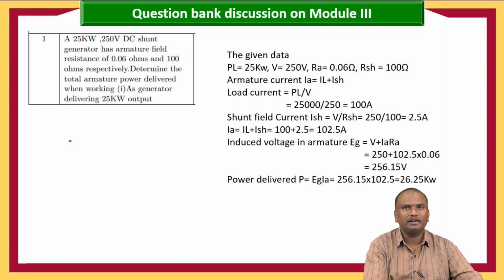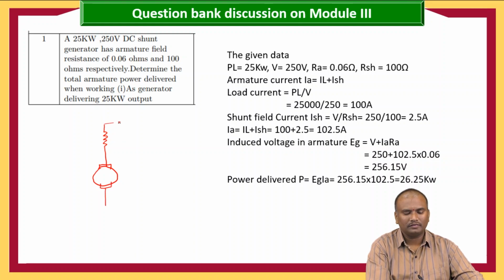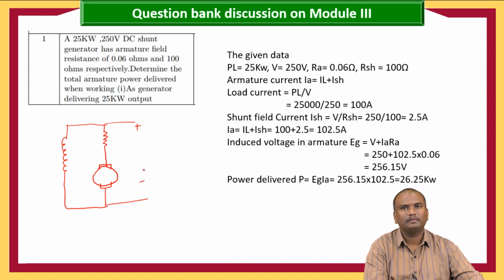Now, if we take a shunt generator, this is the V, RA, EG, and this is RSH.